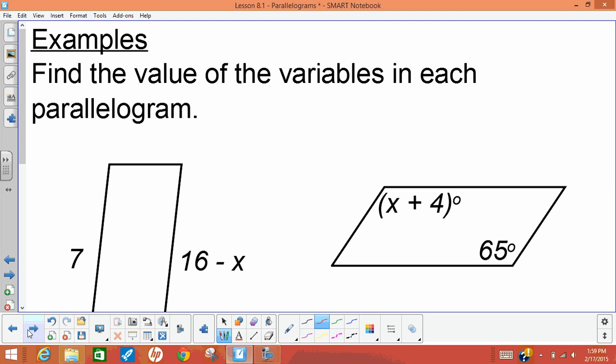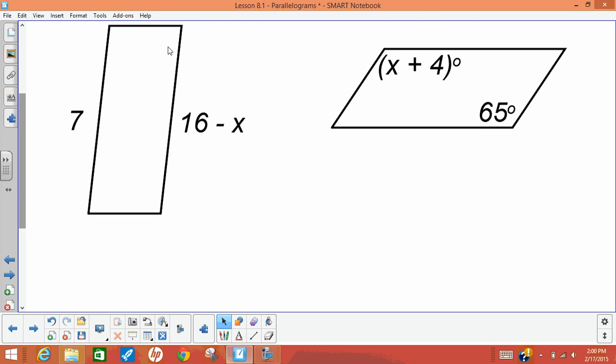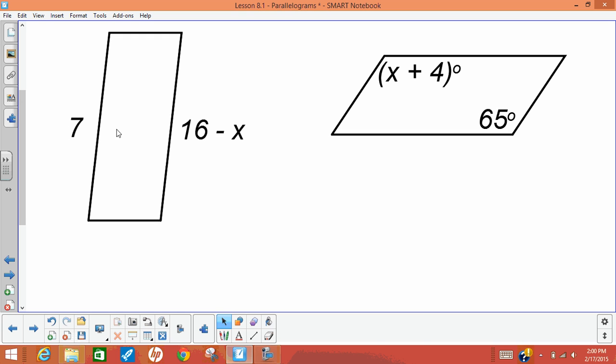So when we know a quadrilateral is a parallelogram, we can use that information to do a little algebra, to find an angle, to find a side, to find the length of a diagonal. So let's look at a couple examples here. This first example on the left, I know this is a parallelogram. I was told that up top. And these two sides are opposite of each other.